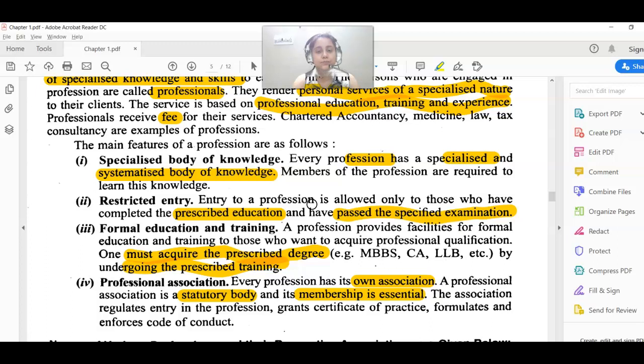For example, I practice as a company secretary. There is a restriction to it because I am a member, I have that certificate of practice license, and nobody else can do it in my name.